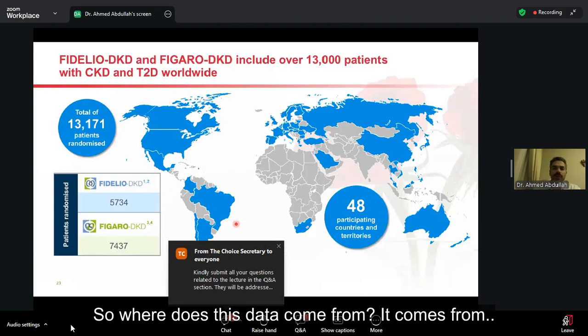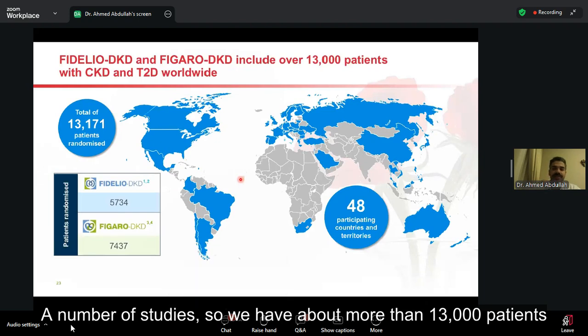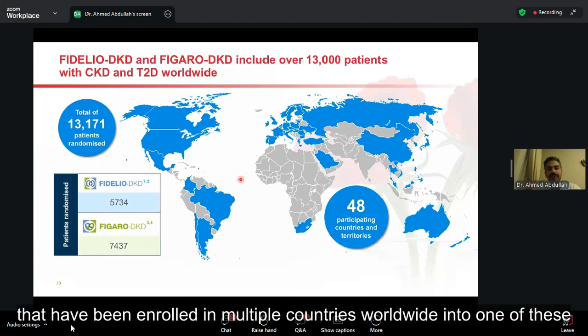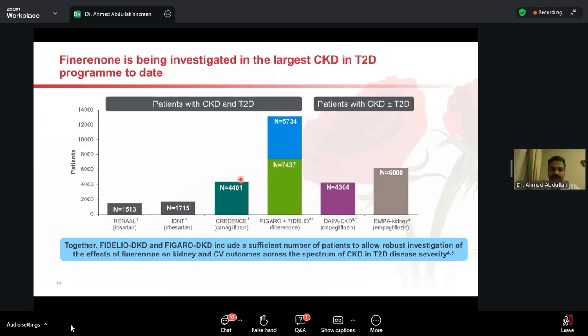So where does this data come from? It comes from a number of studies. We have more than 13,000 patients that have been enrolled in multiple countries worldwide into one of these hallmark studies, Fidelio or Figaro, bringing the grand total to 13,000.